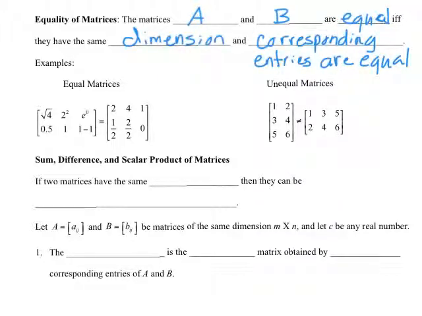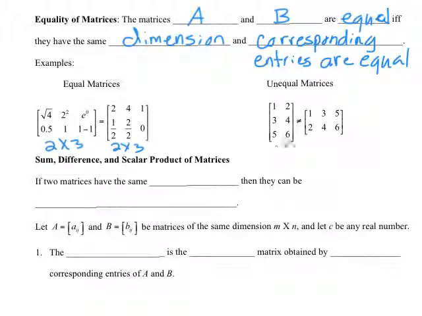So I'm going to show you that down here. These two matrices are considered equal because they have the same dimension. The first one is a 2 by 3, and the second one is also a 2 by 3. And then if you look at their values, the square root of 4 is equal to 2, 2 squared is 4, e to the 0 is 1. They all have equal values when you simplify them.